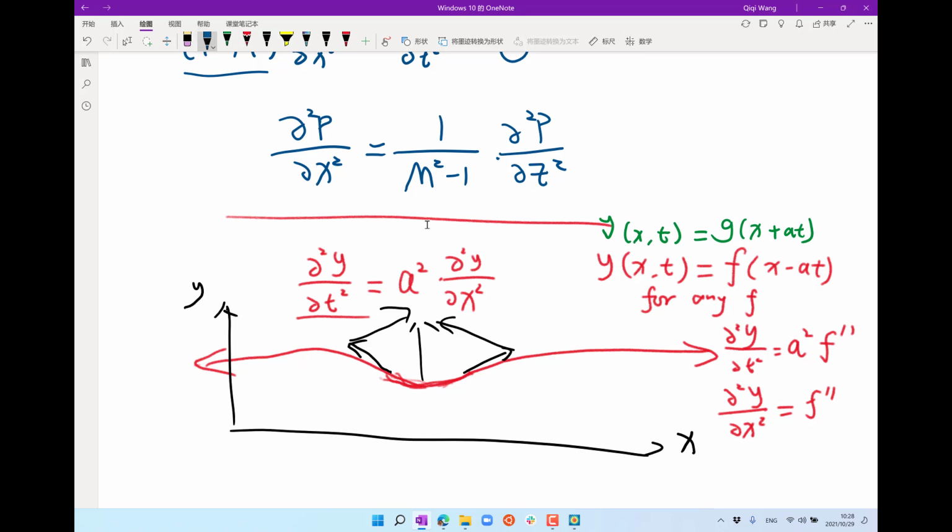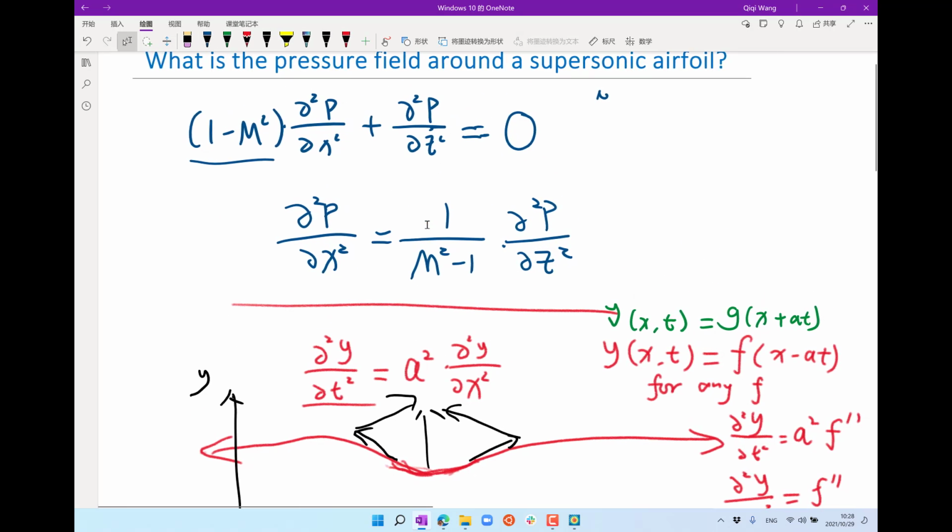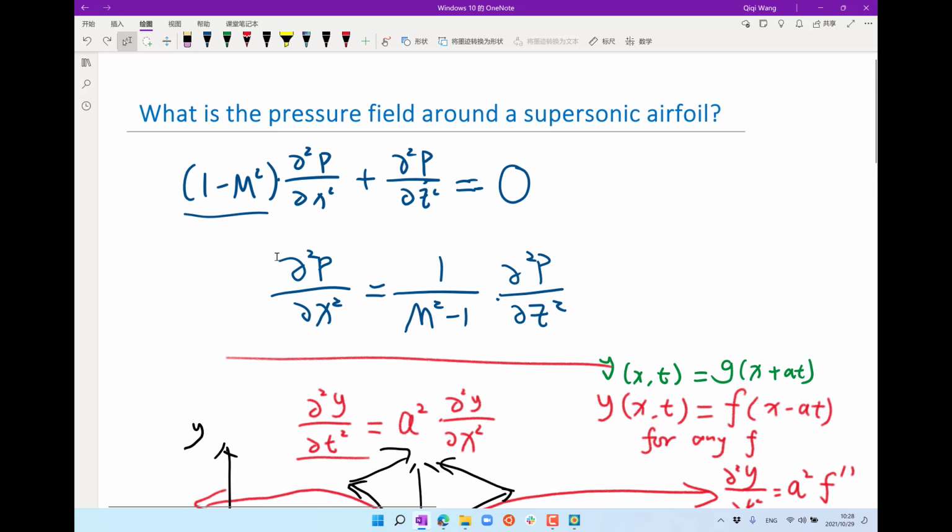Now, the blue equation is exactly the same, except the solution is not of x and t. It's p of, instead of x, we write z, right? Let me just still write x and z, but p is equal to some function g of, instead of x, we have z. Instead of a, we have what?